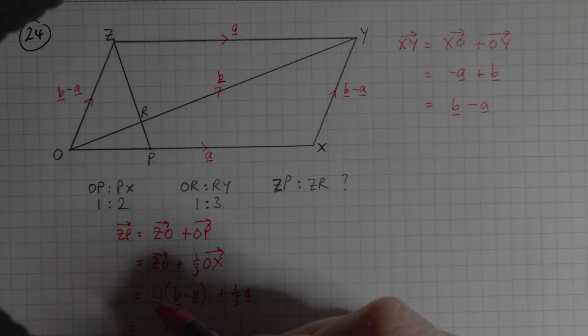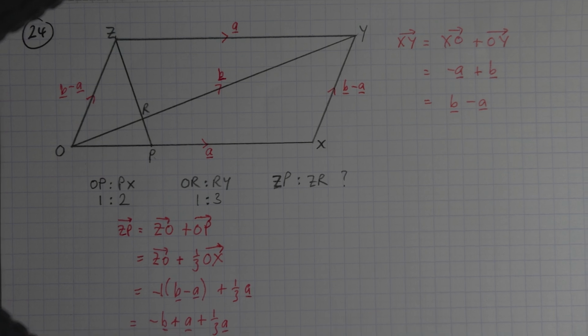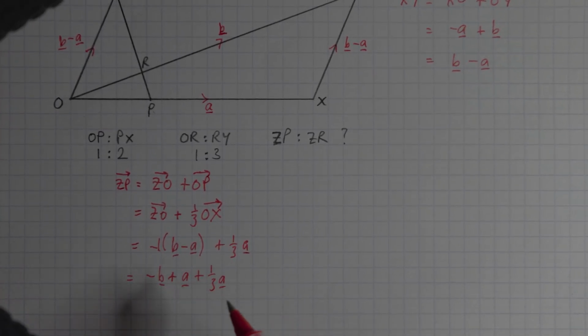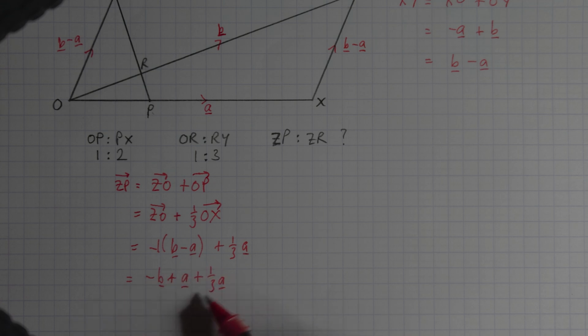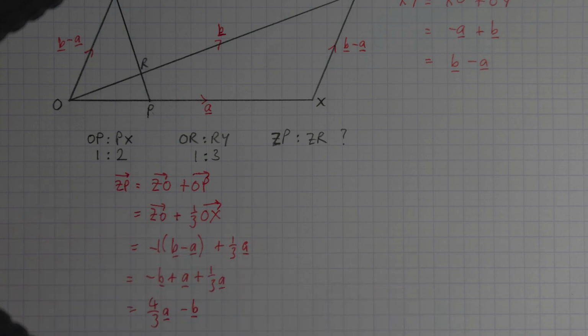I get minus b, and then minus 1 times minus a is positive a, plus 1/3 of an a. And I'm just going to shunt that up because I'm going off the edge of the page. There we go. And I can collect like terms now. Here's 1 whole a plus 1/3 more of an a. So that's 4/3 of an a in total. I'll put that first, the positive term, 4/3 of an a, and I've got a negative b there.